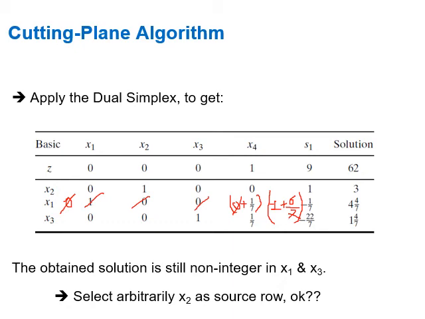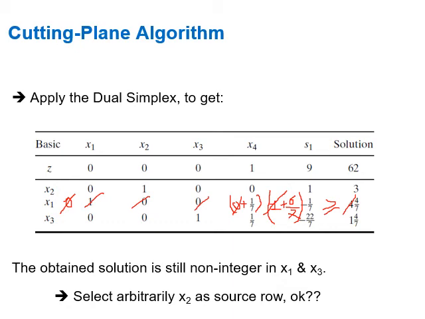Okay, so this minus 1 over 7 here is equal to minus 1 plus 6 over 7. And what do we do? We eliminate the integer part, and the remaining part is 6 over 7. And for the right hand side, we have the integer part as 4 eliminated, and the remaining part is 4 over 7. And don't forget, we replace the sign with greater than or equal to.